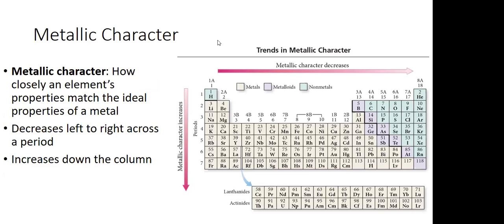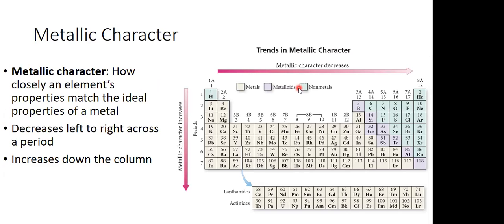All right. The next thing we're going to look at, our next trend, is metallic characteristics. And we actually already talked about this somewhat at the very beginning of our course, where we looked at the types of elements, and we said there's 3 types, right? We said there's metals, metalloids, and non-metals.